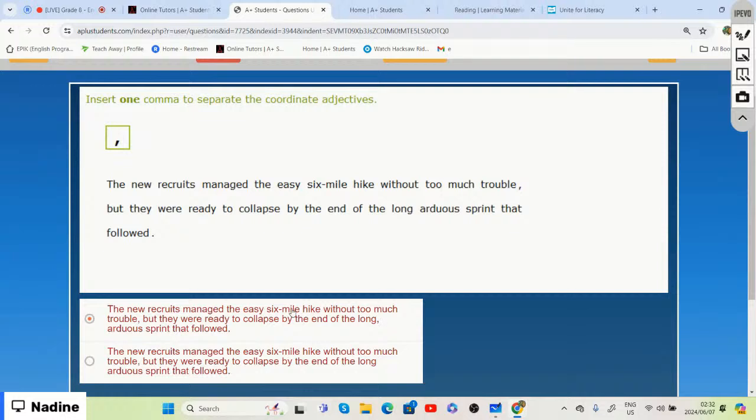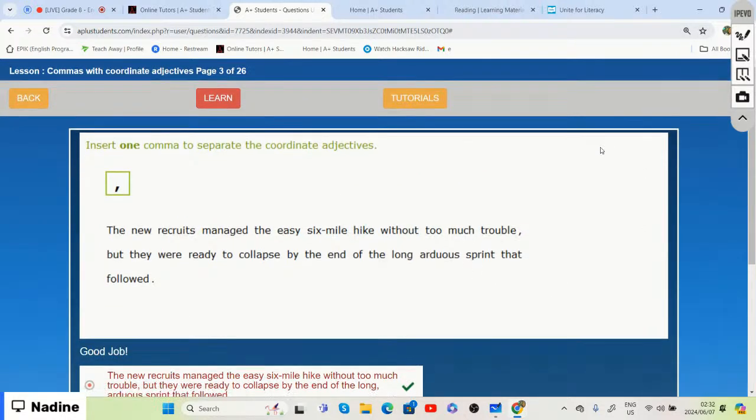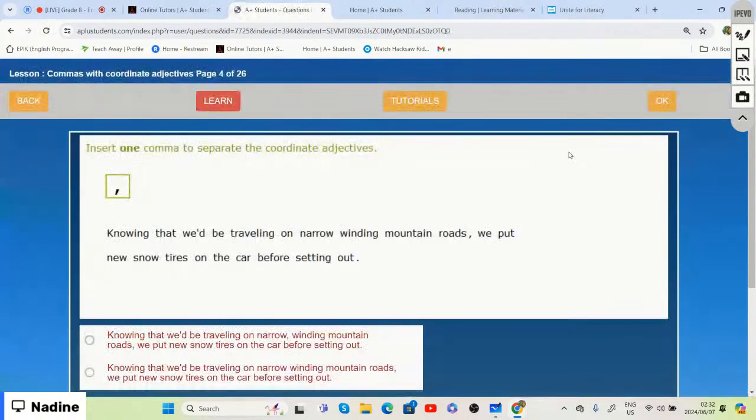So option one is correct, because both long and arduous are describing the sprint. So we are inserting one comma to separate the coordinate adjectives.